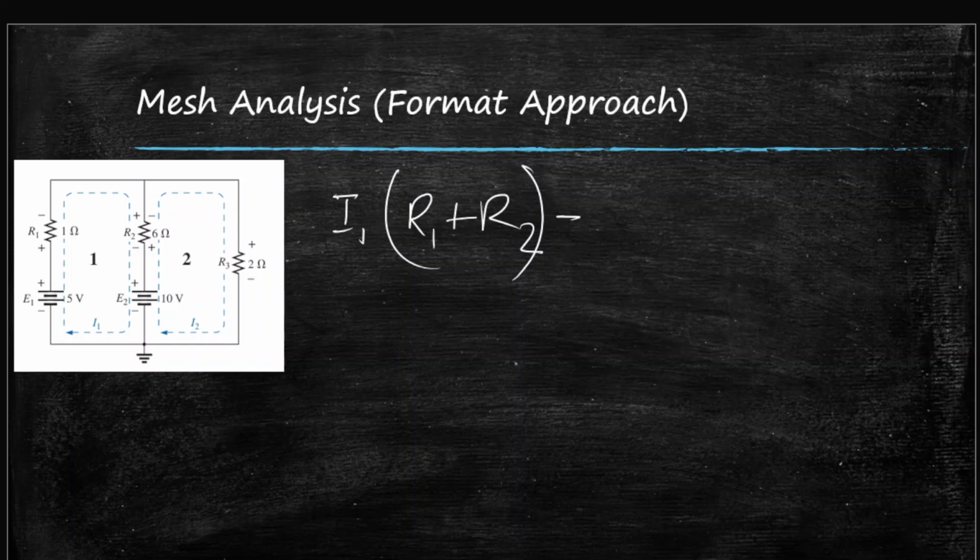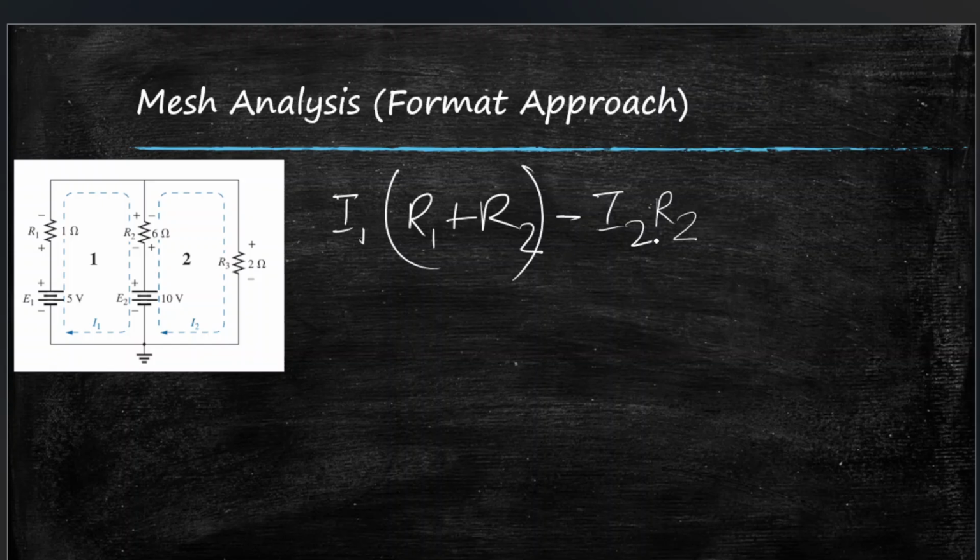Now we go to the second loop and we bring I2, but for the resistor that is shared between both loops, which is R2, so we write I2 times R2, that's it, no other resistor, equal to the total voltage sources that we have.